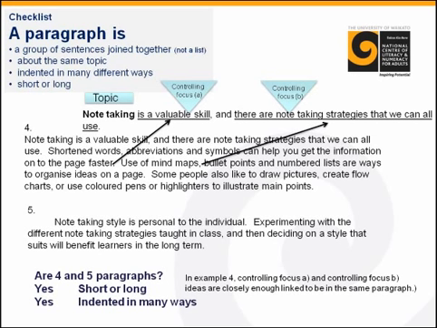So to summarize, we have a checklist for what is a paragraph. That checklist is 4 bullet points, and they are points of reference for learners either as they're writing their own work, or if you have highlighted something that is not correct in their writing and you're returning their work.